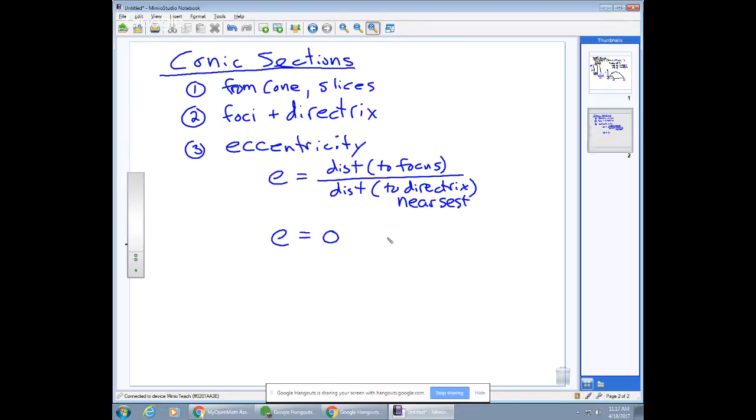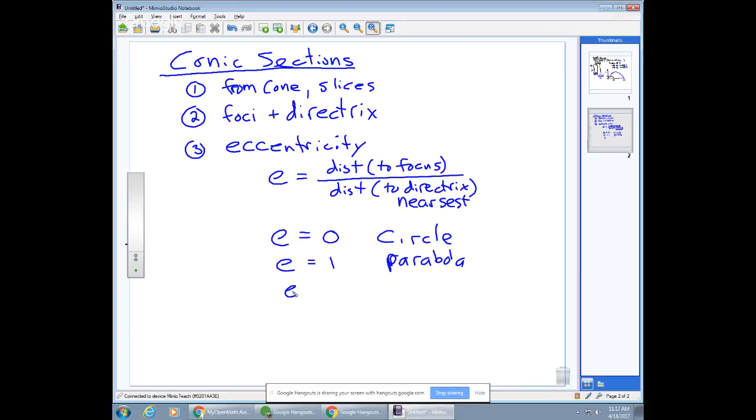So if e equals 0, this would be a circle. If the eccentricity is equal to 1, it's a parabola.